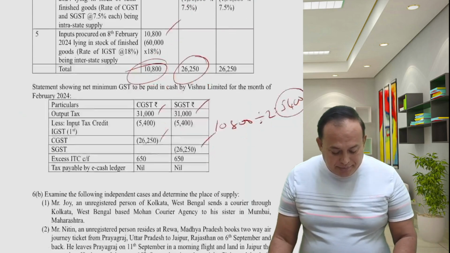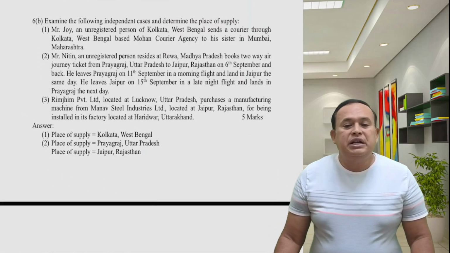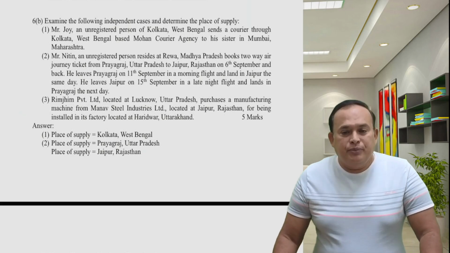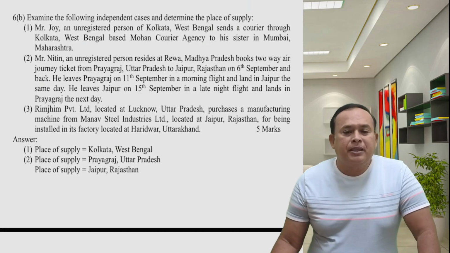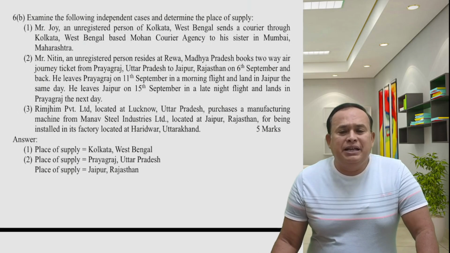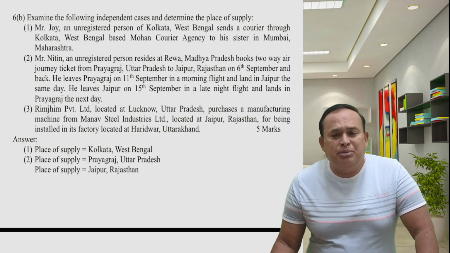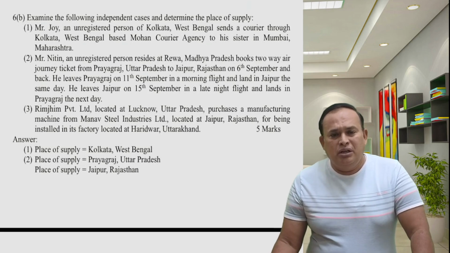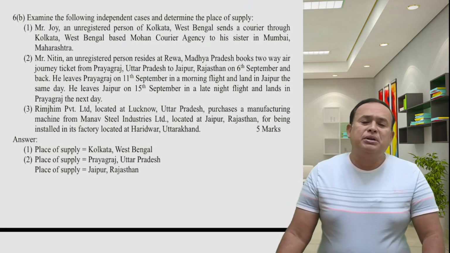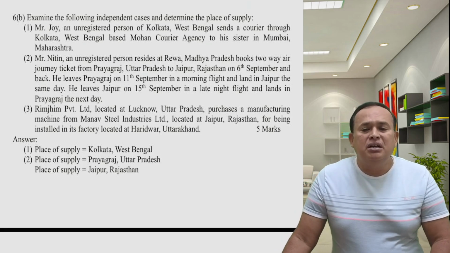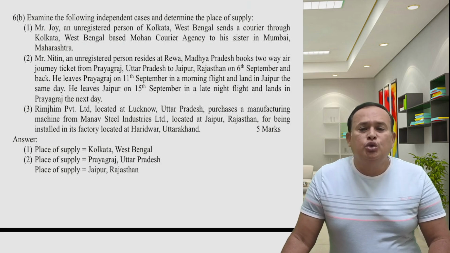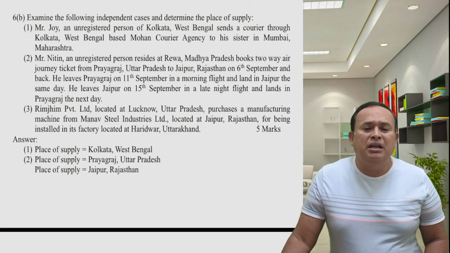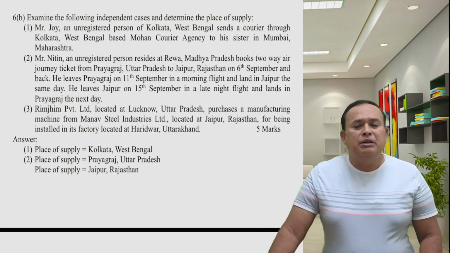Further, my dear friends, referring to point number 6B. Examine the following independent cases and determine the place of supply. 1. Mr. Joy, an unregistered person of Kolkata, West Bengal, sends a courier through Kolkata-based Mohan Courier Agency to his sister in Mumbai, Maharashtra. 2.